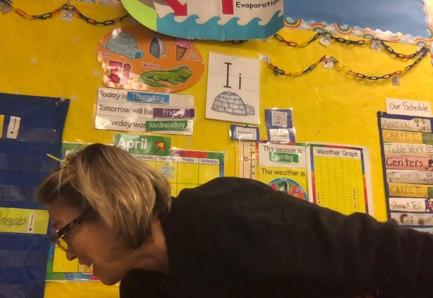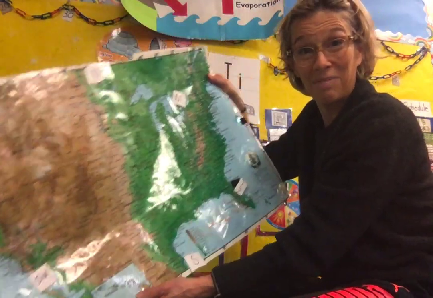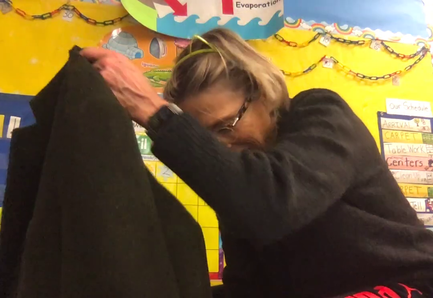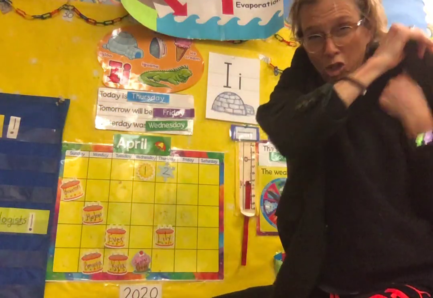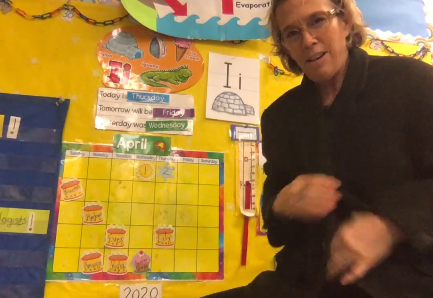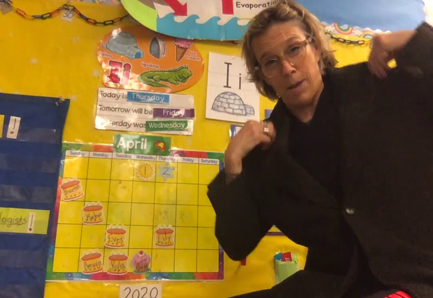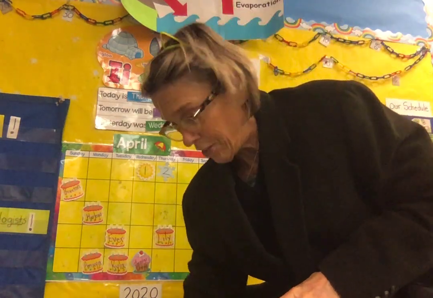You'll need a map of the USA because we're going to play weather person. And then I want to play a part of a man. So I've got my suit on. And I tried to find a tie in my husband's closet, but he's not really a tie guy. So I couldn't find a tie. But I'm going to be dressed up as a weatherman, meteorologist.